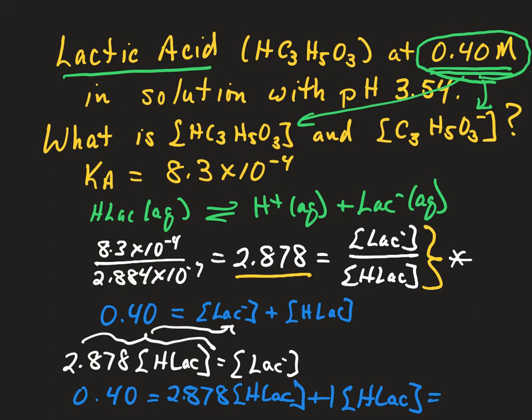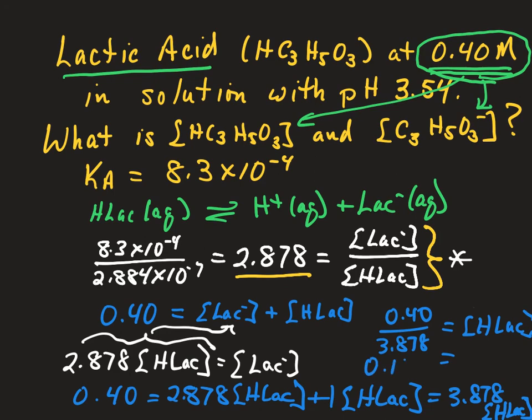which equals 3.878 times the concentration of lactic acid. And so 0.40 divided by 3.878 would be the concentration of lactic acid, which would equal 0.103.